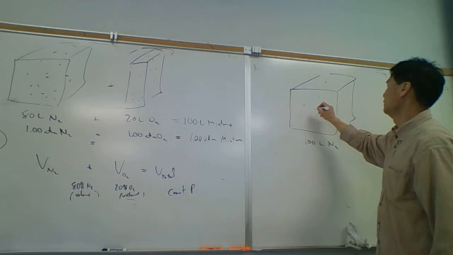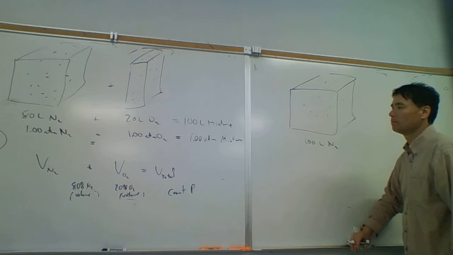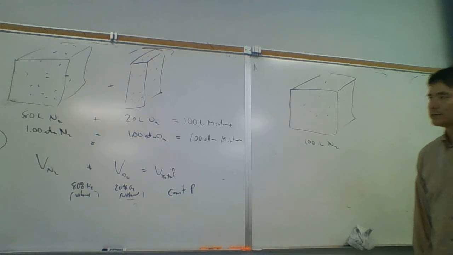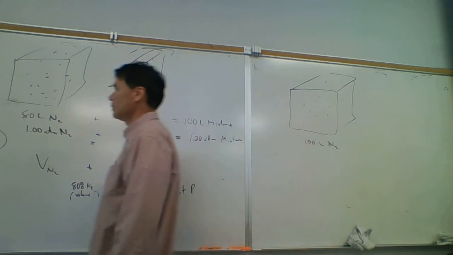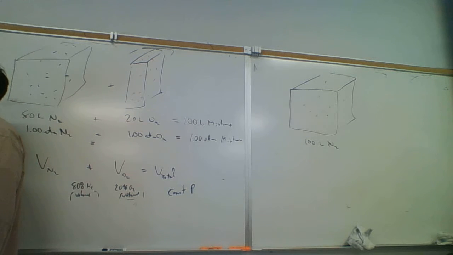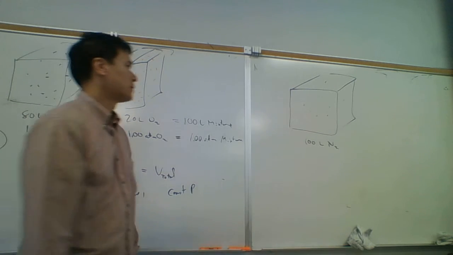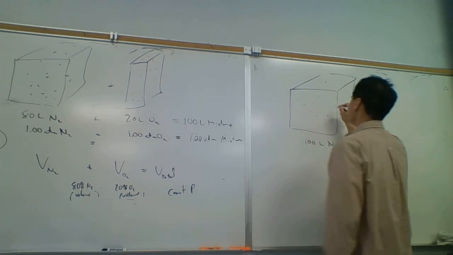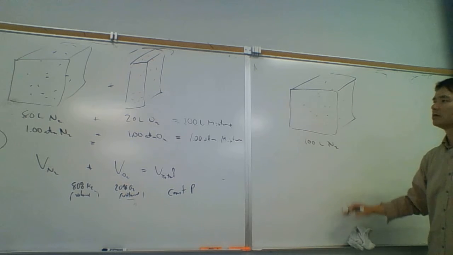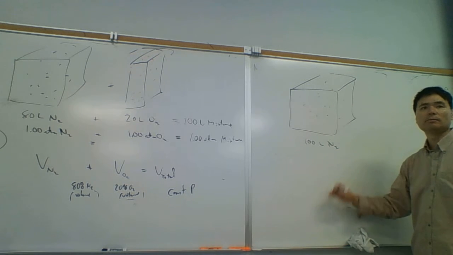And so I'm just going to remove the oxygen out of here. Now, pressure is caused by the collisions of the gas particles with the wall. So if I remove all the red particles out of here, I'm going to have fewer collisions, and therefore I should have lower pressure. And so if I have 100 liters of nitrogen here, and there's no more oxygen in this box, then what is the pressure?